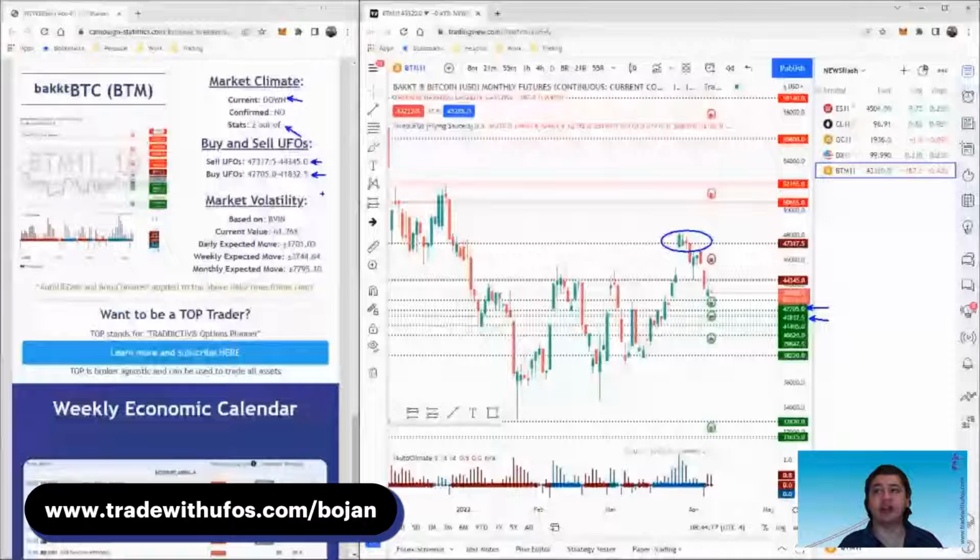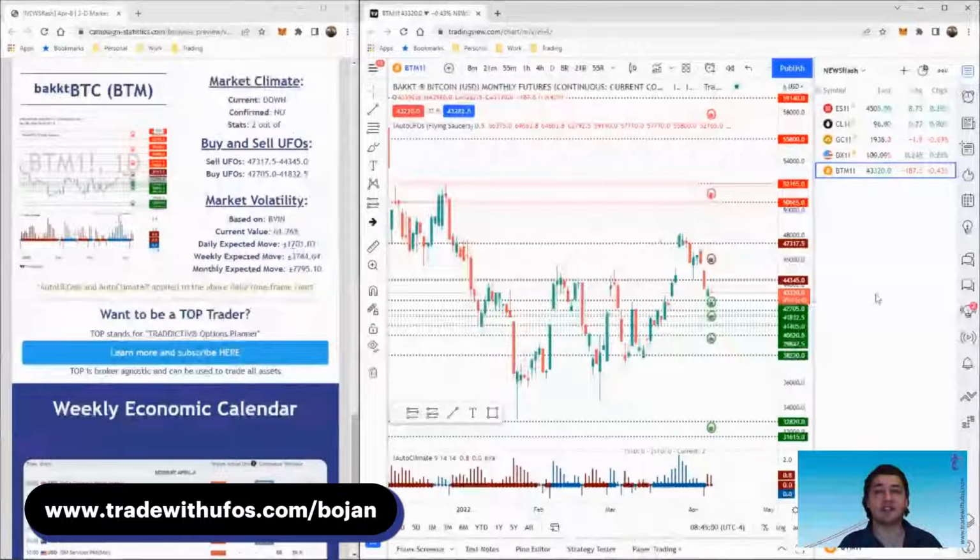Based on BVIN, which is again for Bitcoin, 61.76%, 700 for the day. This is actually a little less than what it used to be. It used to be over 2,000. We're going to see if that's going to continue.